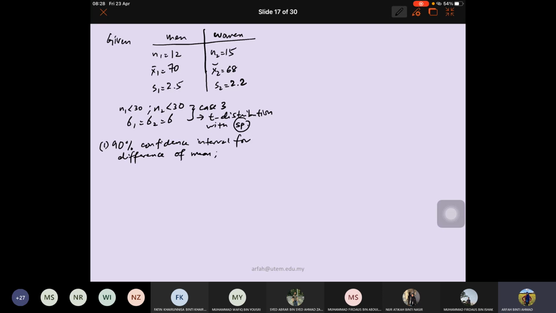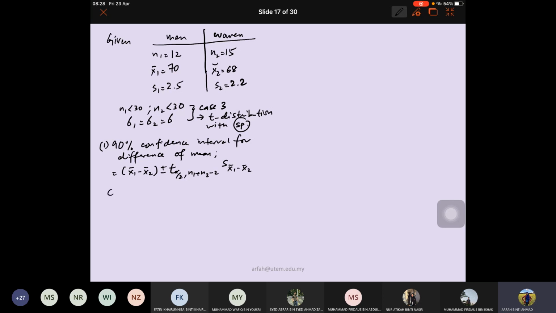That mean sama dengan X bar 1 minus X bar 2 plus minus T alpha per 2 N1 plus N2 minus 2 S of X bar 1 minus X bar 2.